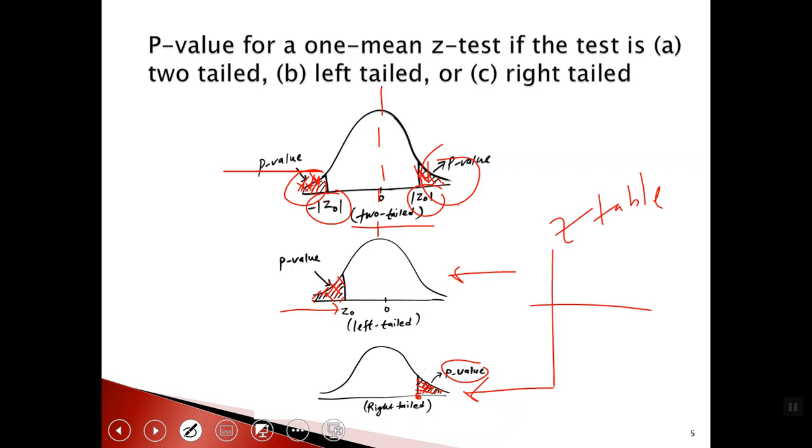In the first row and this column you have values like 0.001, something like that. Using this body part, you can find this p-value, because it is the area.